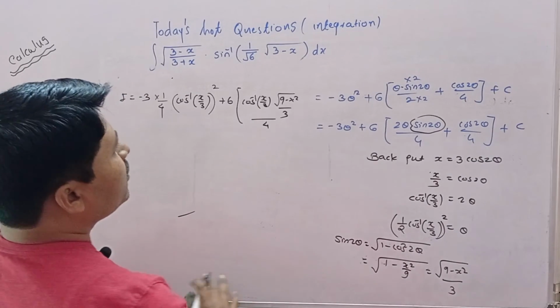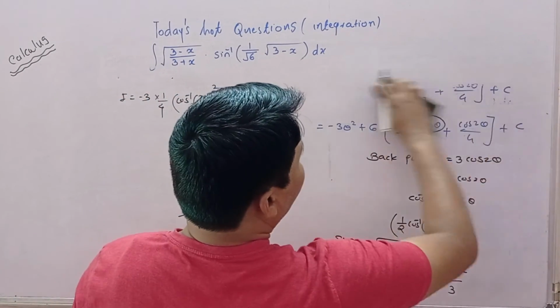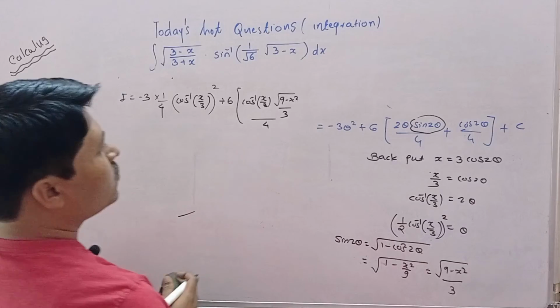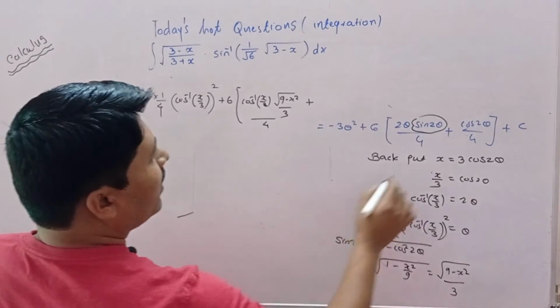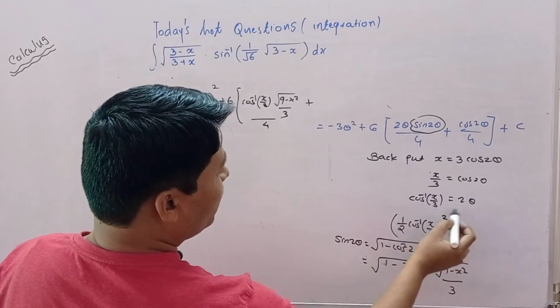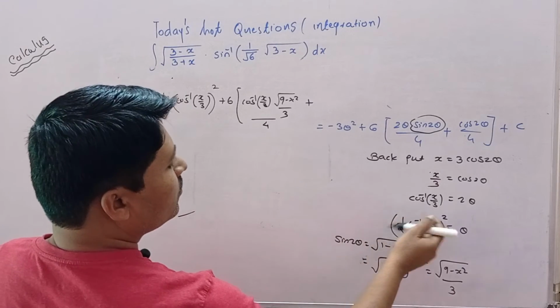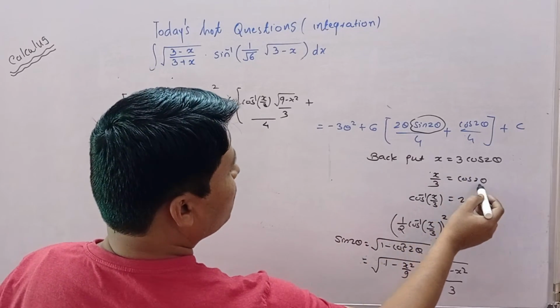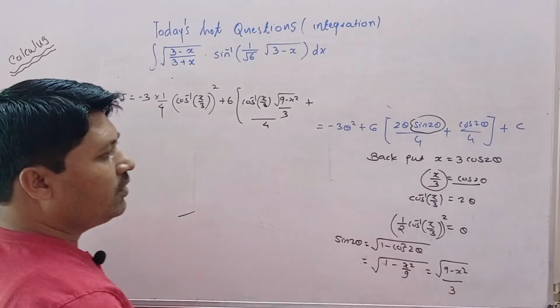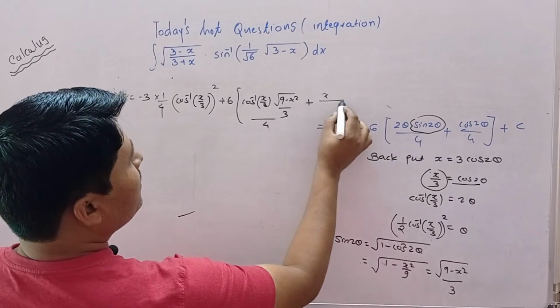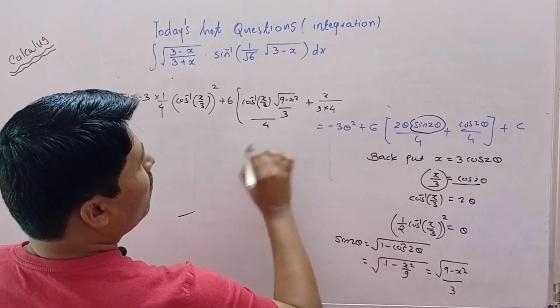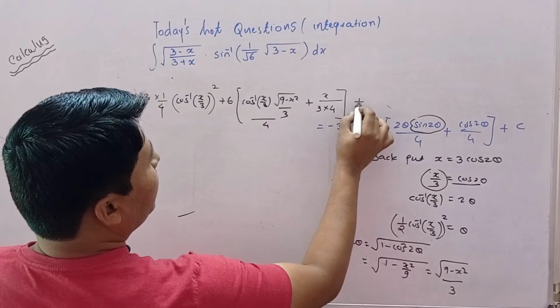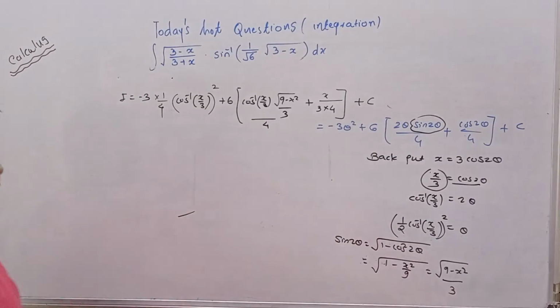Now simplifying, we write plus cos 2 theta. We know that cos 2 theta is equal to x by 3, therefore this is x by 3 into 4, bracket complete, and plus the constant of integration.